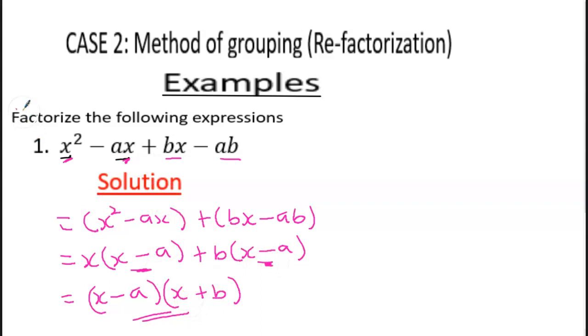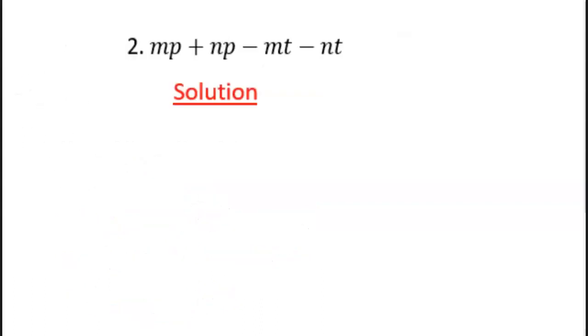Okay, let's look at the next example. mp plus np minus mt minus nt. So as I said in the last example, you check the terms. If there are 2 terms in which you have a common factor. So the first term and then the second term, p is common in these 2 terms.